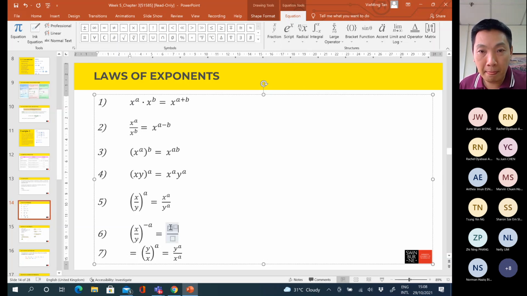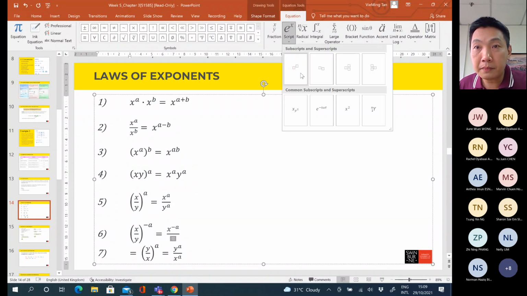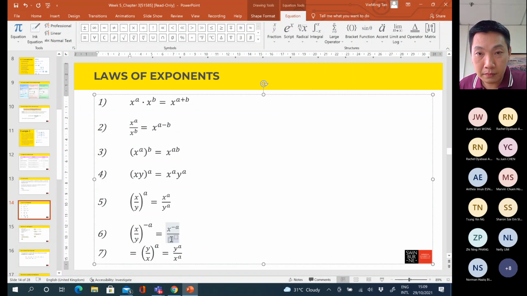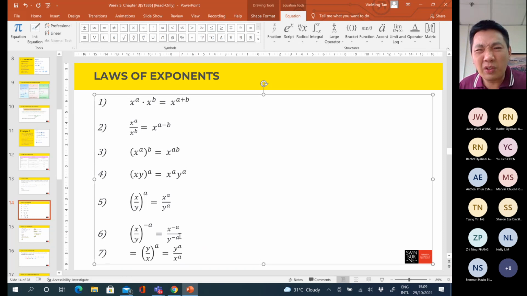x power negative a, and the denominator is y power negative a. Because the power number is negative, it's not nice.